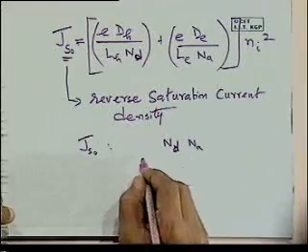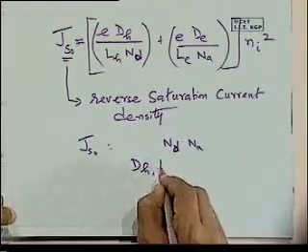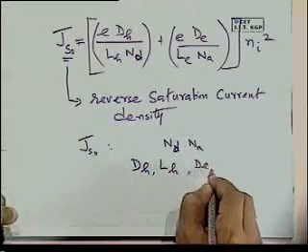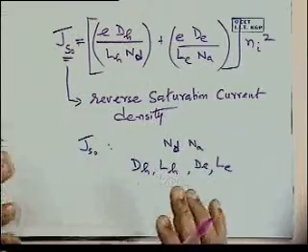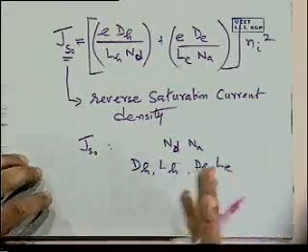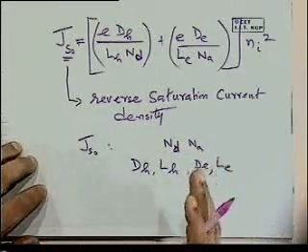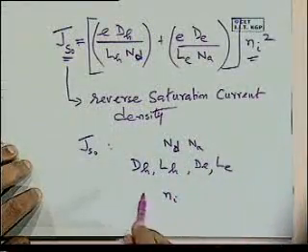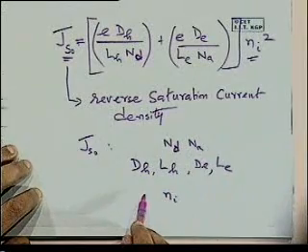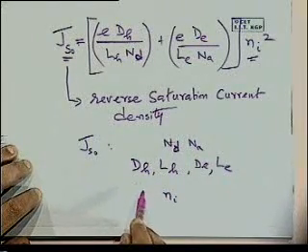But it is also dependent on other things, D_H, L_H, D_E, and L_E, where the lifetime is related to defects and so on. So not only how we doped it, but how good the crystal is also comes in here. And then we have one other term it depends on, that is n_i. And n_i is related to what? Intrinsic carrier concentration.